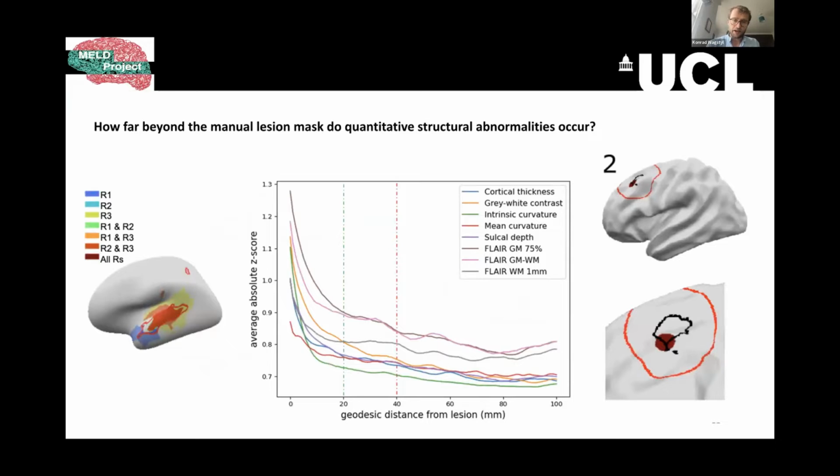We have an issue that we have to deal with. FCDs are very difficult to identify. They're also very difficult to mask, even if you know where they are. And one example of this is we got 10 of the patients from Great Ormond Street to be masked by 3 expert neuroradiologists. This is one example. It's a temporal lobe lesion, and the 3 maskers all pick out the left temporal lobe, but their masks don't overlap very well.